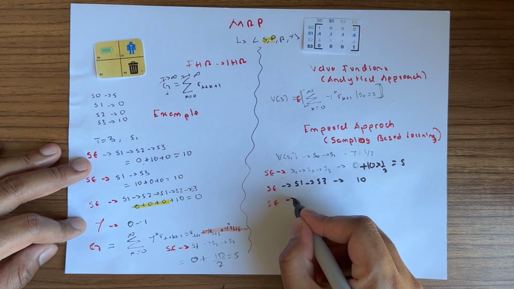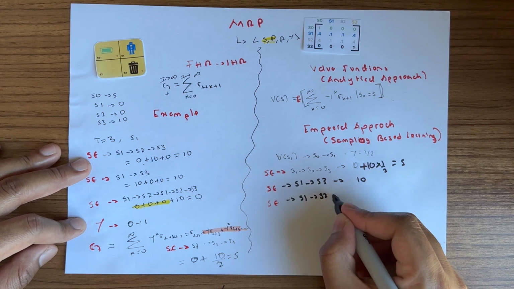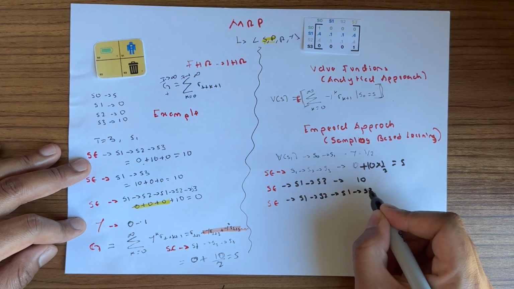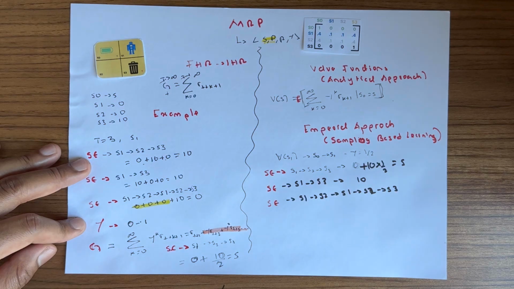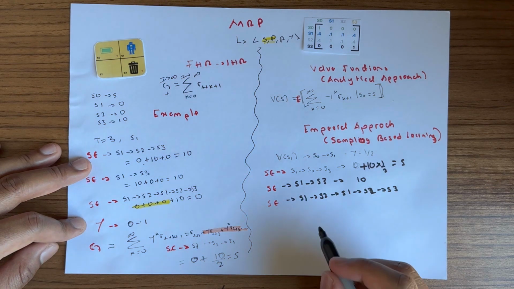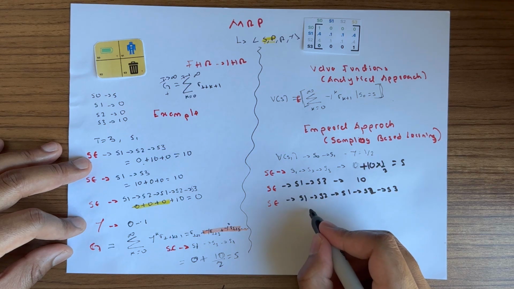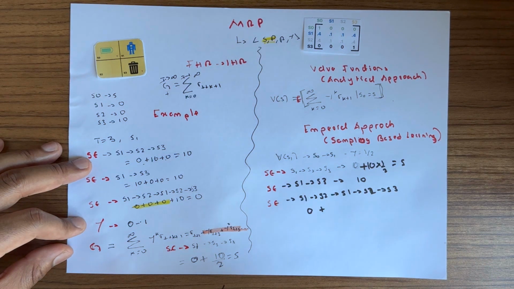Another sample episode is going to be from S1 I go to S2. From S2 I go back to S1, then to S2, then to S3. Now from S1 to S2 I get an immediate reward of 0.